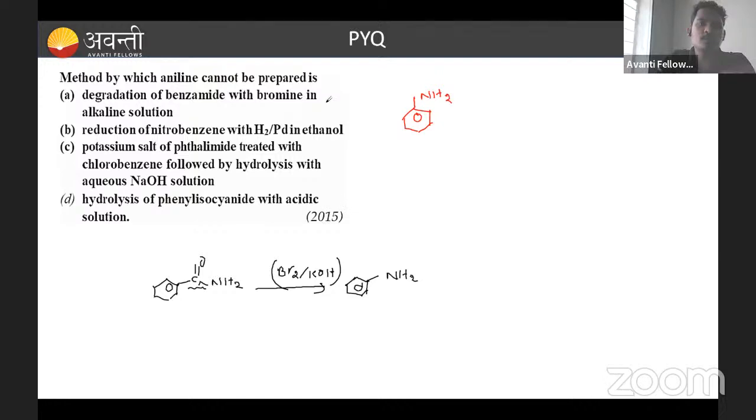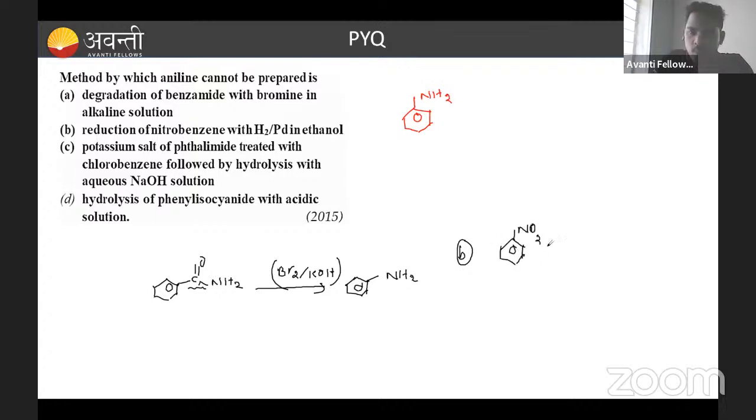Okay, after that, let's take the second one. Option B is the reduction of nitrobenzene with hydrogen in the presence of palladium in ethanol. So we are taking nitrobenzene, NO2.